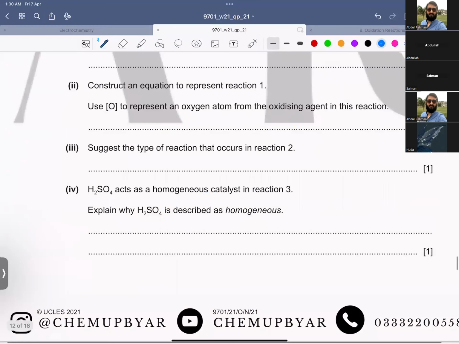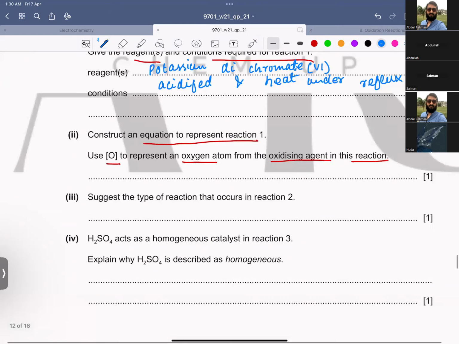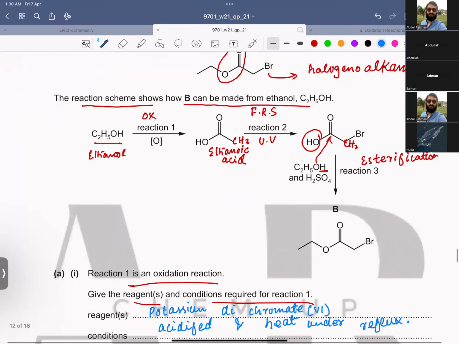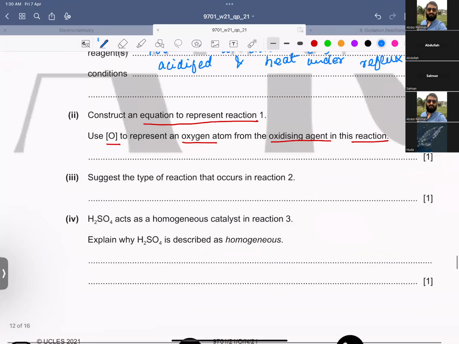Now, what they are saying is, construct an equation to represent reaction 1. Use atomic O to represent the oxygen atoms from the oxidizing agent in this reaction. So let's look at reaction number 1, where ethanol is converting into ethanoic acid. That is reaction 1, right? So ethanol is C2H5OH.